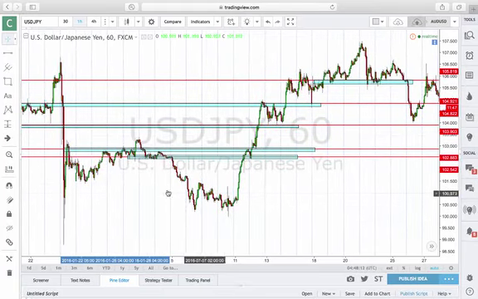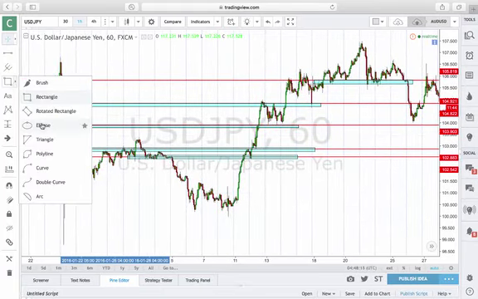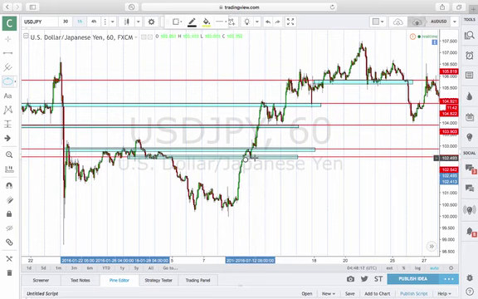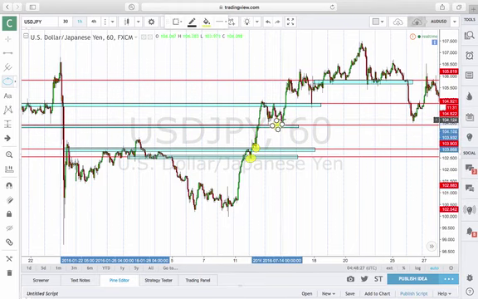Now, we utilize these price reversal zones just for a visual reference, but look closely, guys. You can see how price reversed in every single one of these price reversal zones because you're waiting for price to test it.